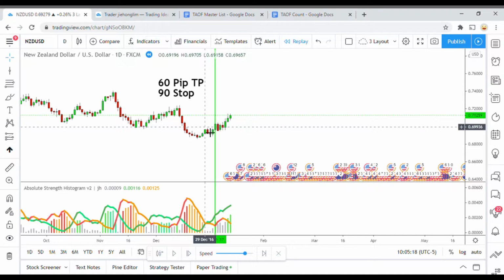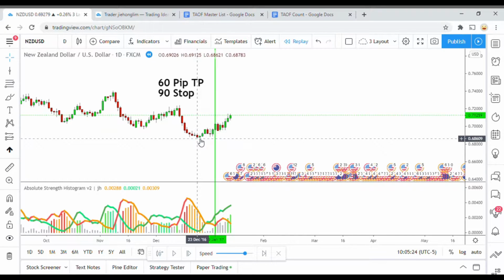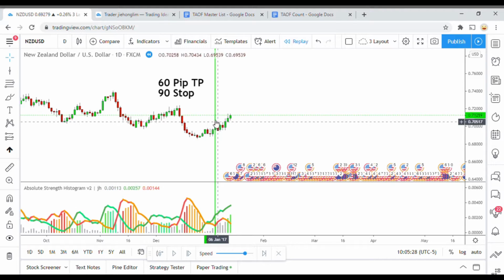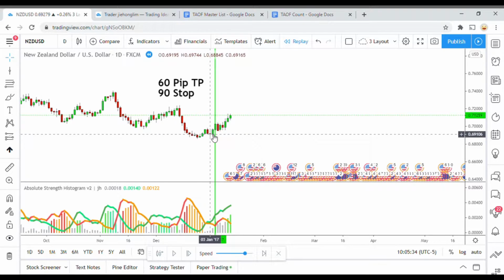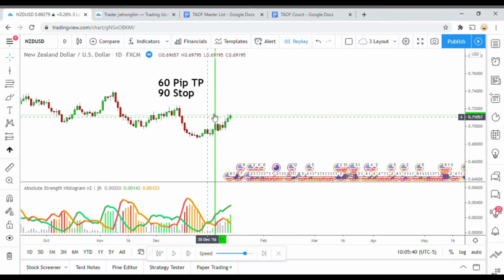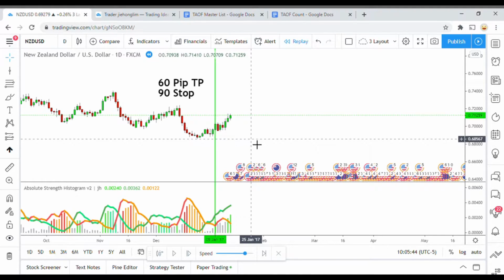We would let the move go, we would take half of the trade off the table, so we would close out half of the trade at our first take profit, and then we would move the rest of the trade to break even, and then let it run out as long as it can with some kind of an exit indicator.